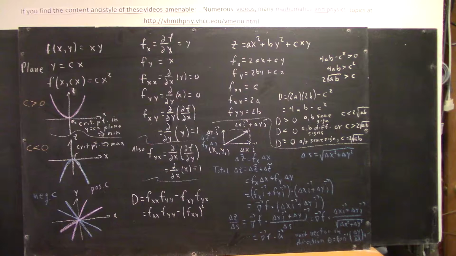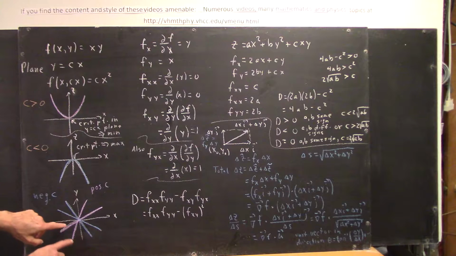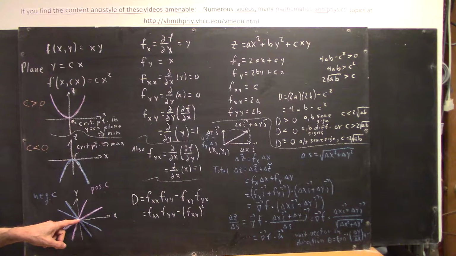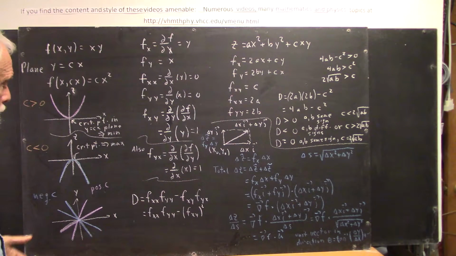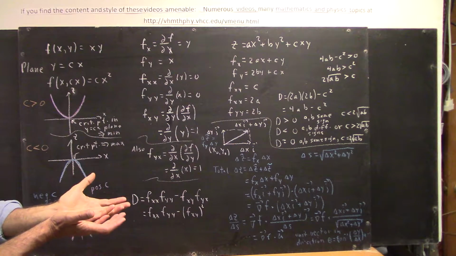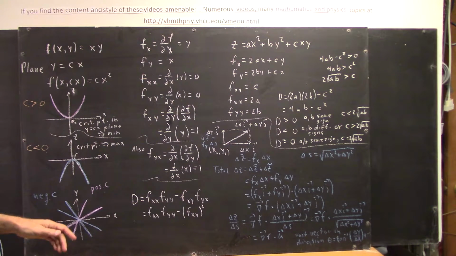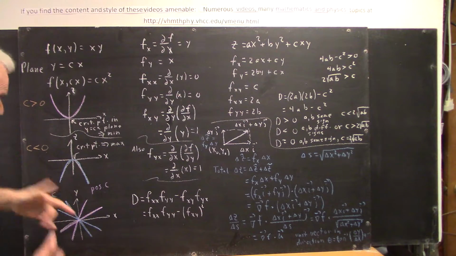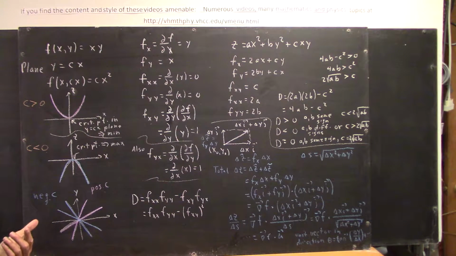As we cross the y-axis, though, the slopes all of a sudden reverse and become negative, and the parabolas start opening downward. So if we want to look at what happens as we approach the origin, the value of the function does approach 0, but it's not like a paraboloid where we have a definite minimum, because our parabolas open upward in the first and third quadrants and downward in the second and fourth quadrants.